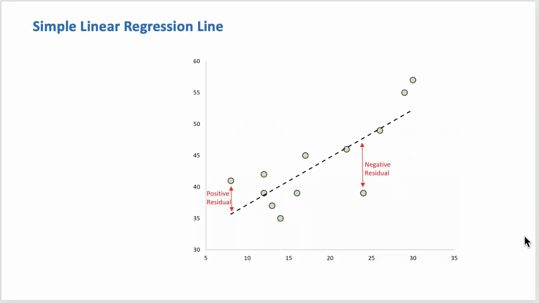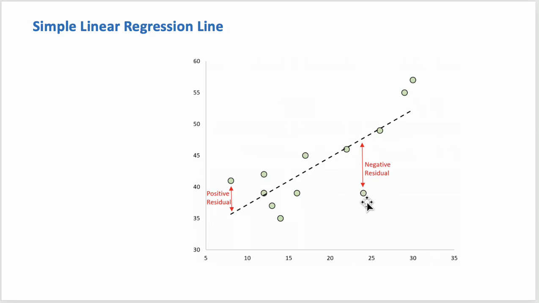Another picture. Here's a scatter plot with some data points, some x, y values. In this case, the y value is above the prediction line, so if you did the observed y value minus the predicted y value, it would be positive.